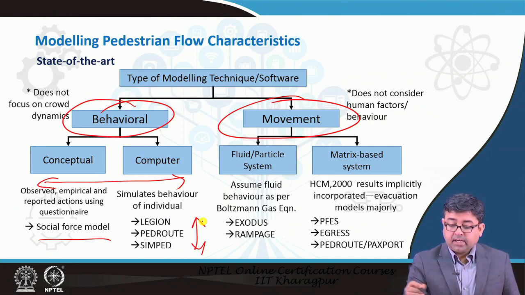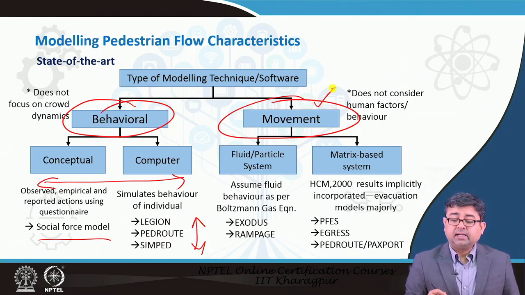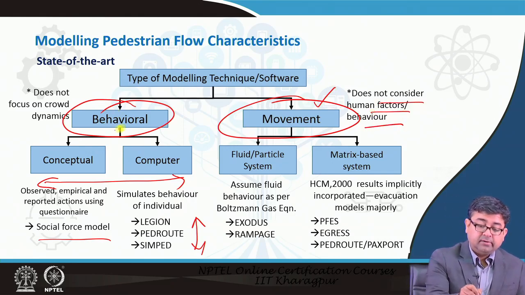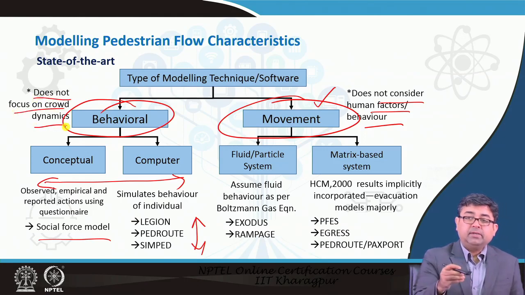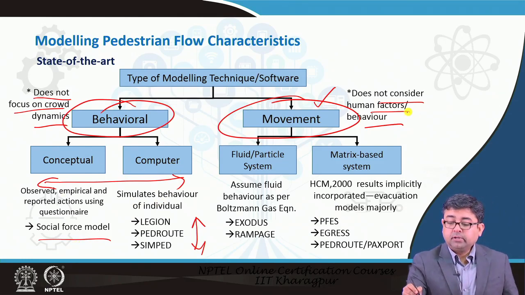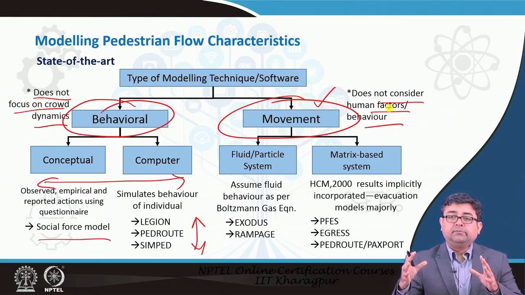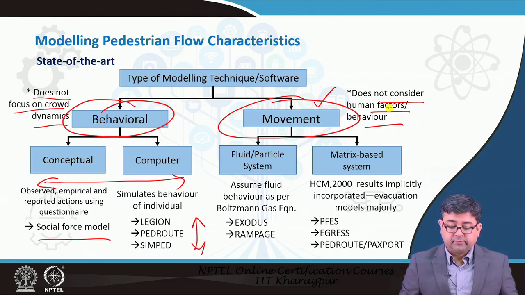Now, the movement based techniques and software do not consider any human factors or behaviors, whereas the behavioral models do not focus on crowd dynamics; they are more dependent on individual behavior or individual concepts. The movement models focus on the movement of groups of people.